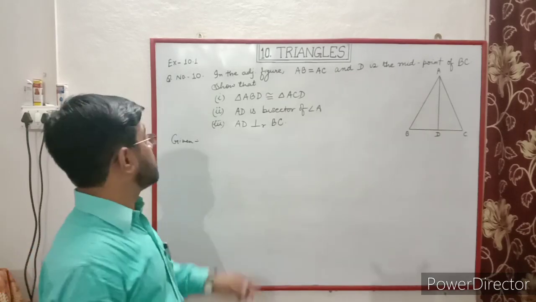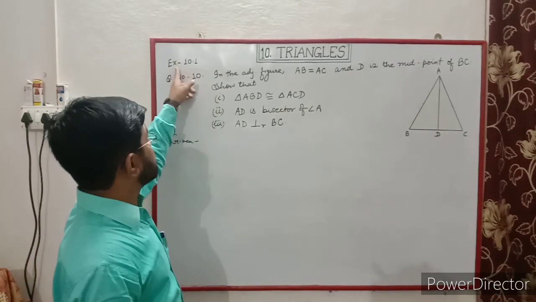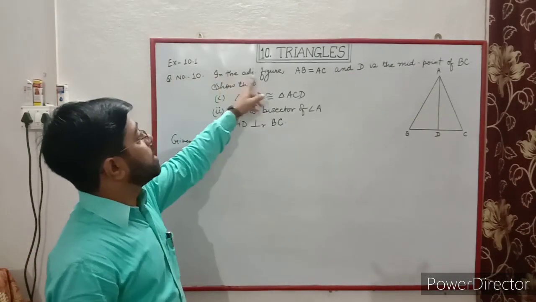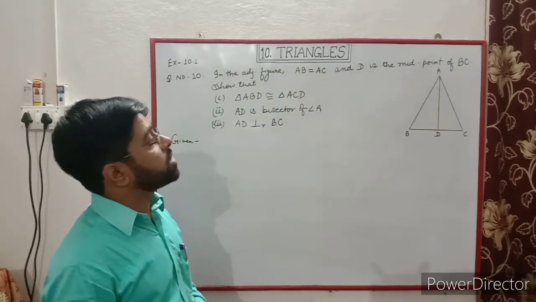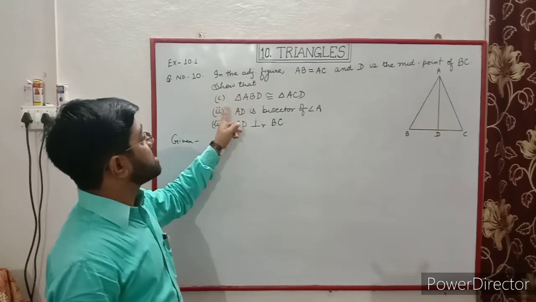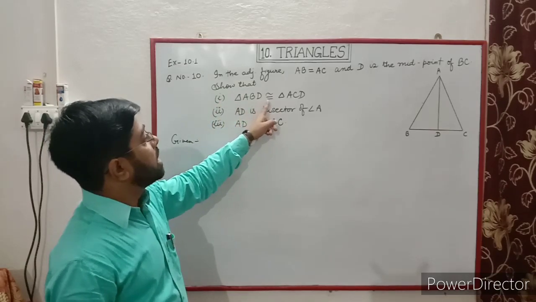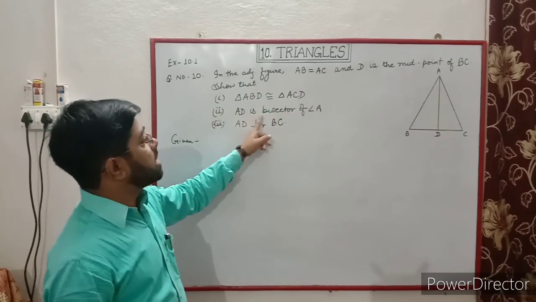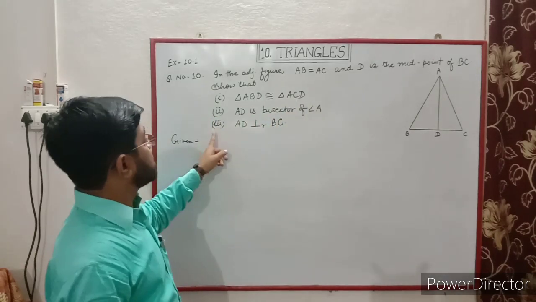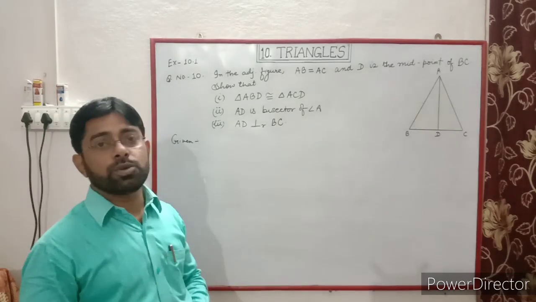Let's see one more question. Question number 10 from exercise 10.1. In the adjoining figure, AB is equal to AC and D is the midpoint of BC. Show that first, triangle ABD is congruent to triangle ACD. Second, AD is the bisector of angle A, and third, AD is perpendicular to BC.